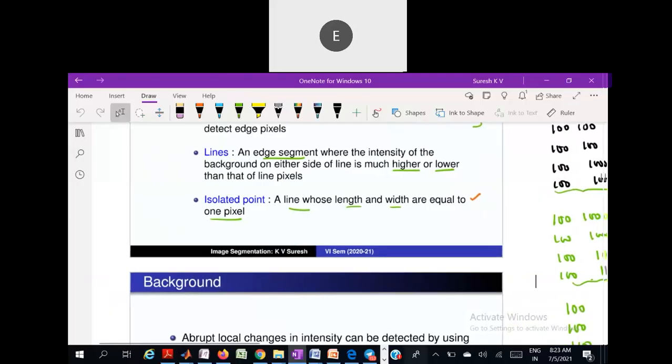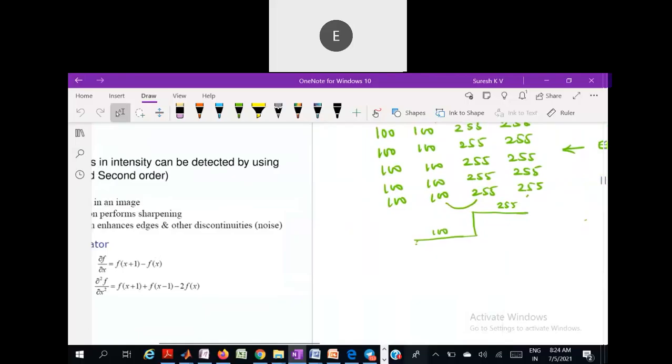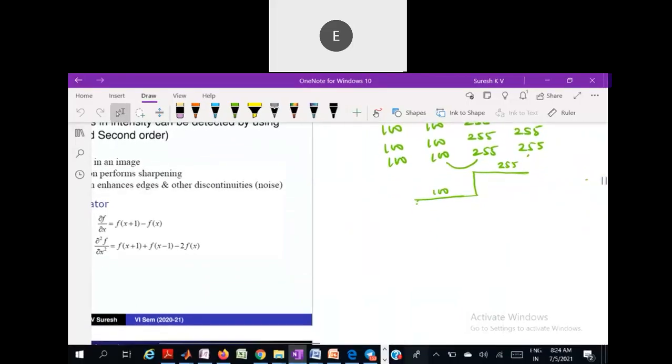Now let us continue with our discussions. I think this point is already discussed, so hopefully it should be a revision for you. Now, how do I define these abrupt changes in intensity? All of you know that a first and second order derivative can do it. Let me demonstrate it with one dimension.